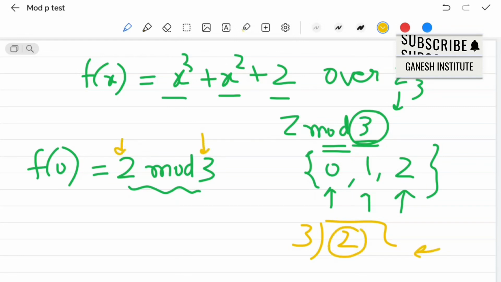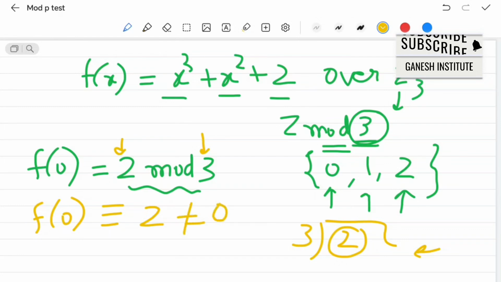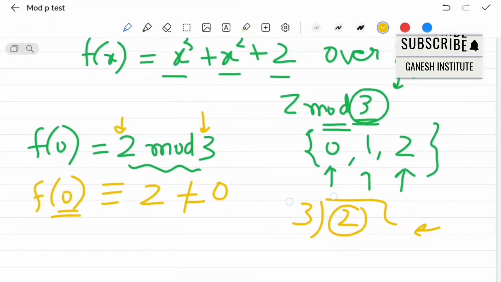So 2, because it is less than the divisor, becomes the remainder itself. So we can write it as 2 only. Okay, so f(0) is 2. Now because it is not coming out as 0, that is, it is not completely divisible, that's why we cannot say that it is reducible for 0.